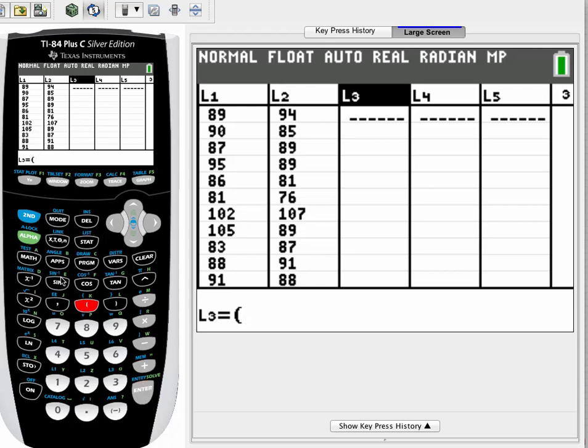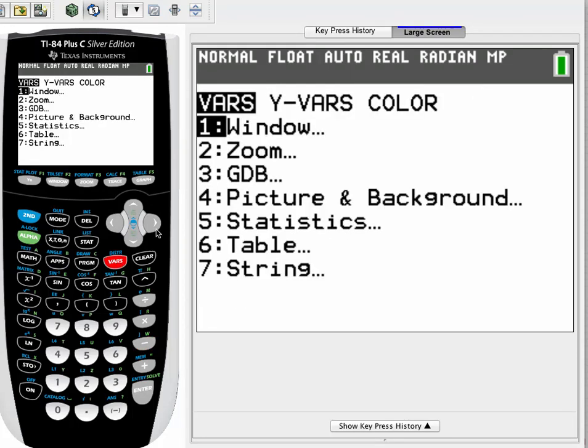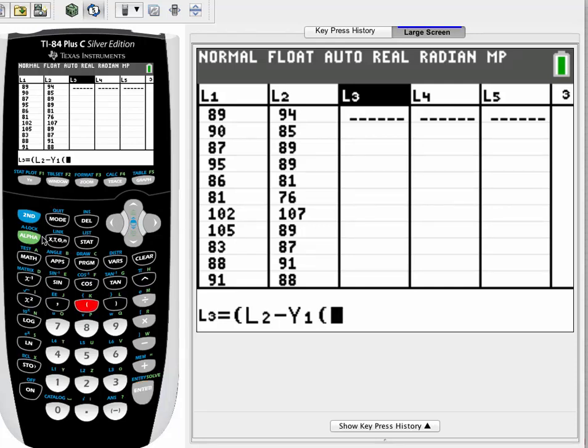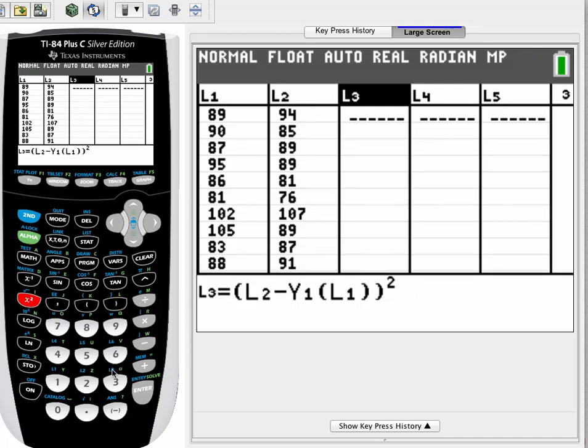We're going to do our y values minus our predicted y values, which are in y1, and those predicted y's need our x's plugged in, and we're going to square that. So this is y minus y hat with our x's plugged in, squared.